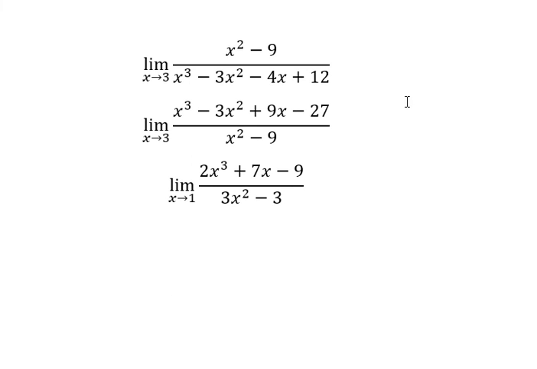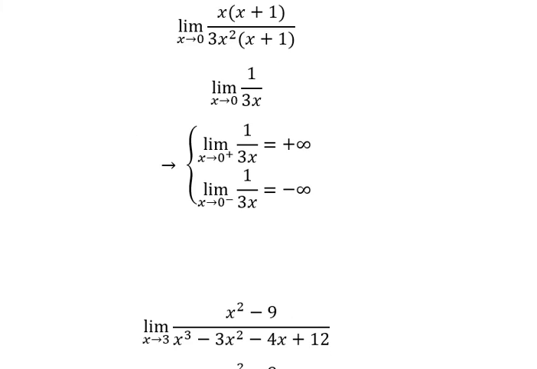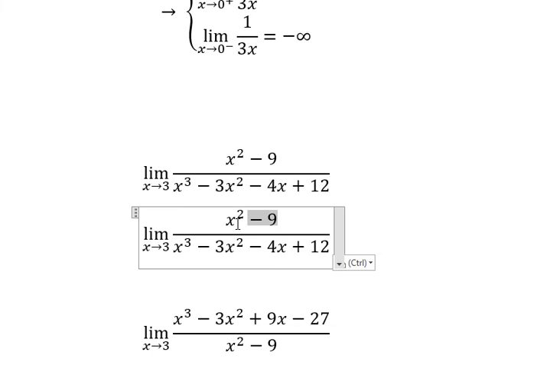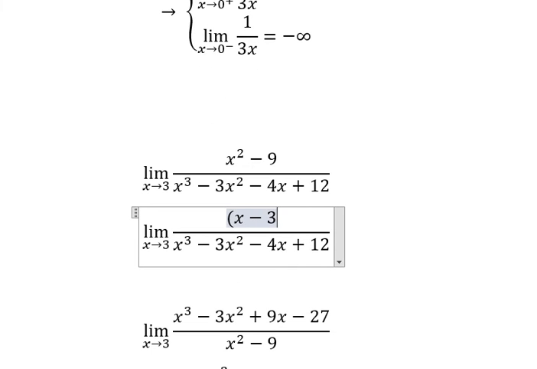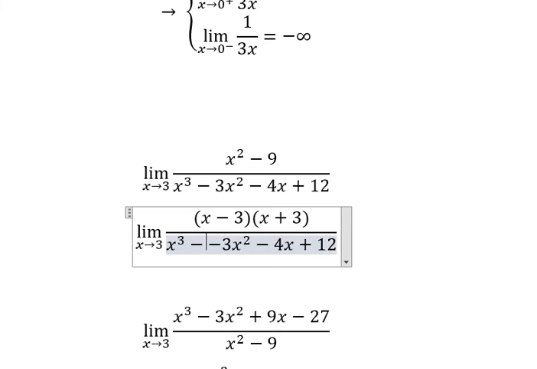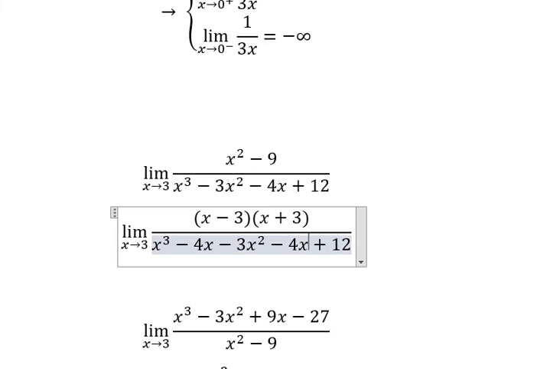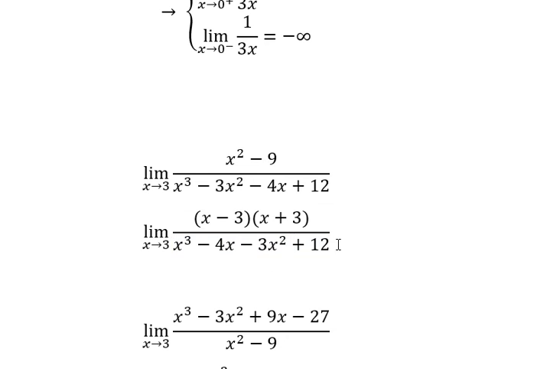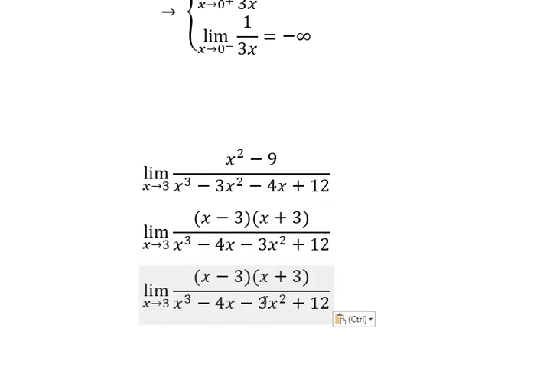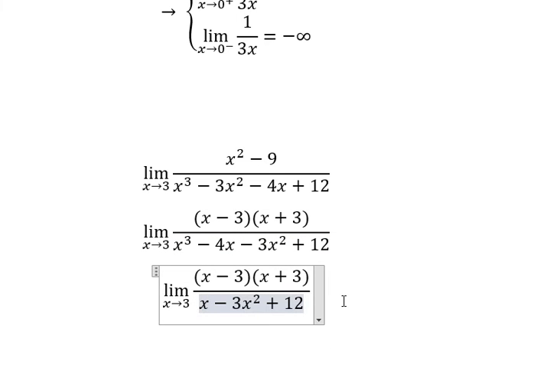Now let's go to the next one. We need to do factorization of this one. This one, we put negative for x going to the left. This one we can do factorization.